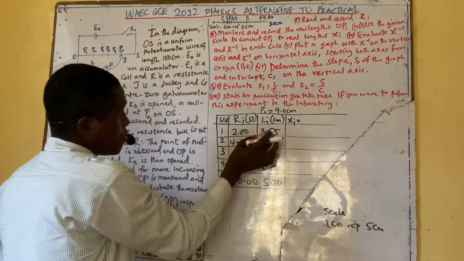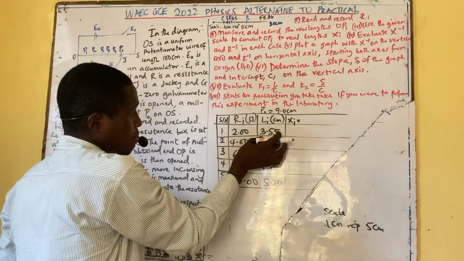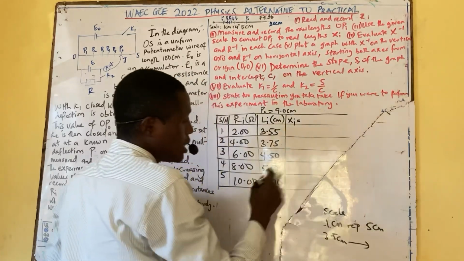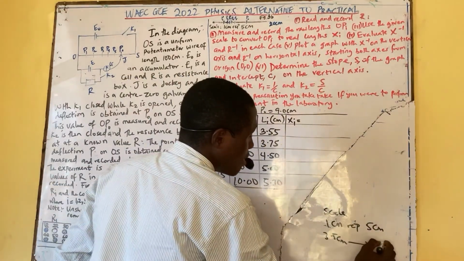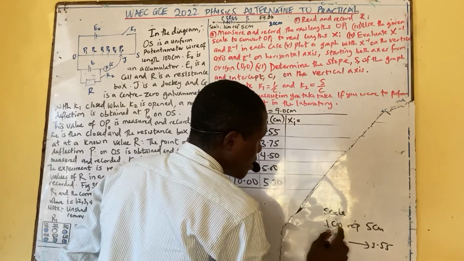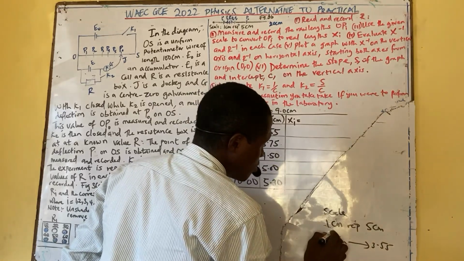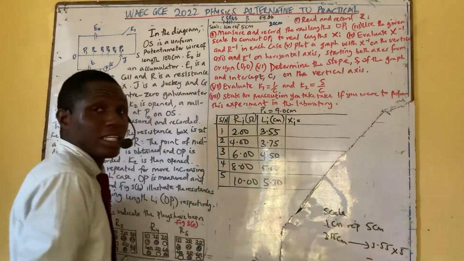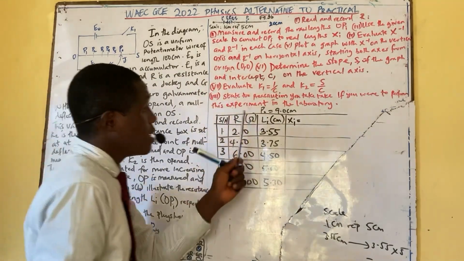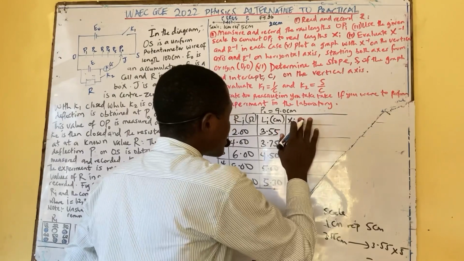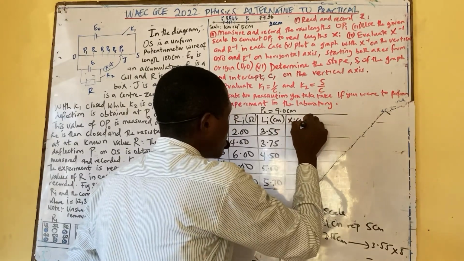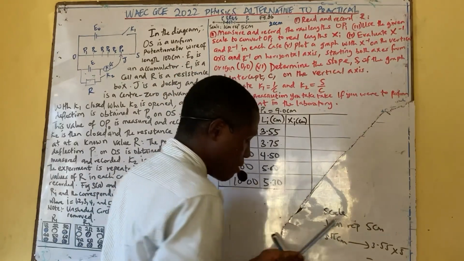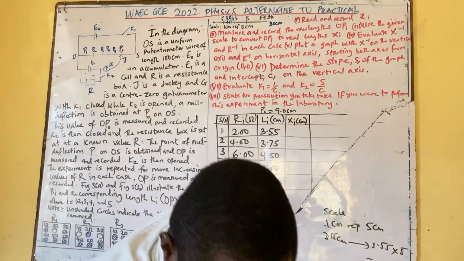So every 1 centimeter that you measure on this is 5 centimeter. If I measure 3.55 centimeter as my raw length, using the scale it will be 3.55 multiplied by 5. That will be my new Xi, and it's going to be in centimeter as well.